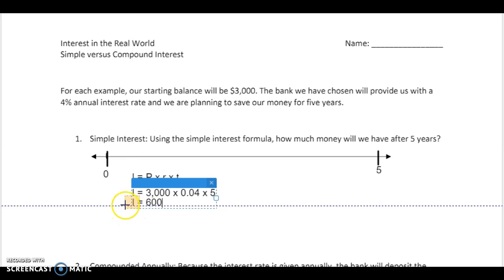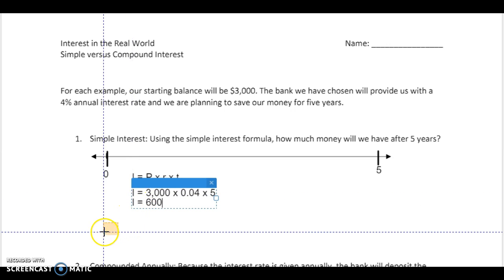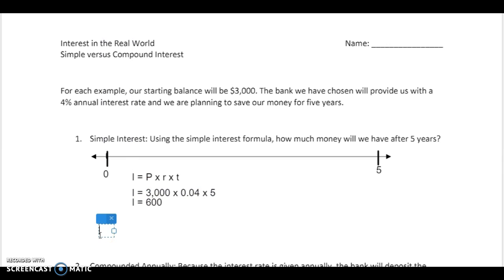And remember, interest is not how much money you have. Interest is the amount of money that you earned. So if I earned $600, I had $3,000, I gain $600 in interest. So today, after 5 years, I have $3,600.